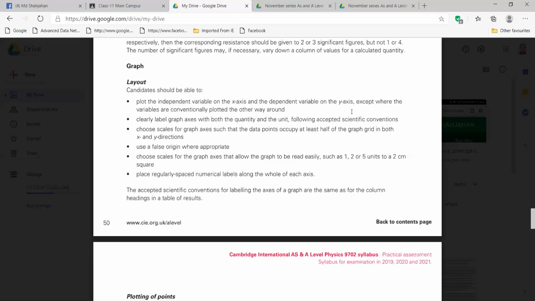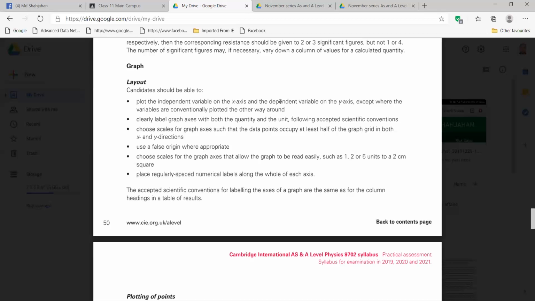Okay, so they are again saying another one, that exception. They are also saying the exception. Sometimes maybe you got some graph in your past paper question. There you got load and extension, right?